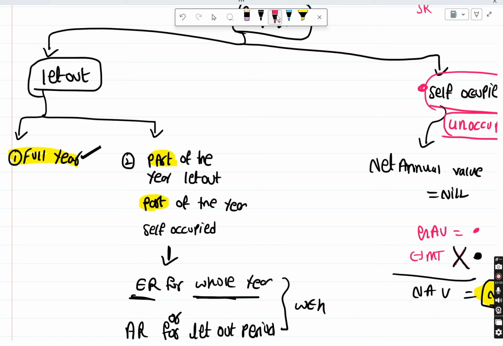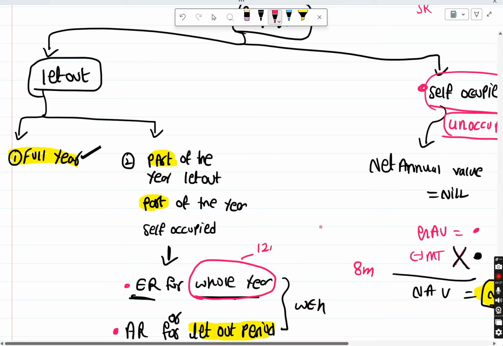Okay, now if you observe one thing, let's just say the expected rent I am taking for the whole year, right? That means for 12 months I am taking. Normally which one will be bigger, expected rent or actual rent? Think normally. This is actual rent for the let out period only. Let's just say I have let out only for 8 months, but expected rent is for the whole year, that means 12 months.